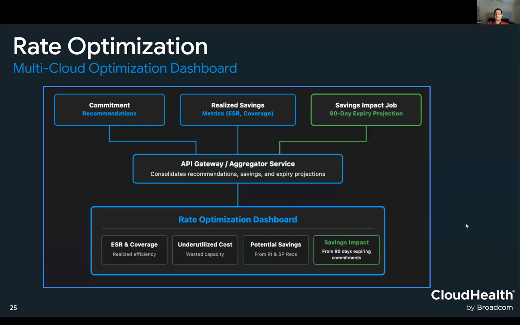That's an indicator for savings impact. And again, observability is the same here, we have observability embedded into every building block of this pipeline. That's all. Thank you. And over to you, Vignesh.